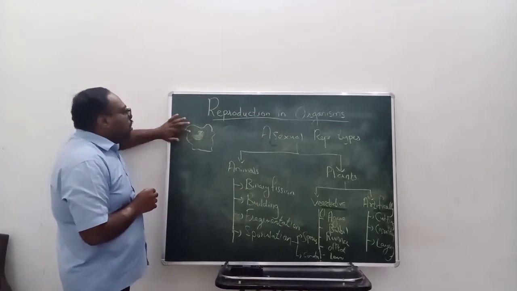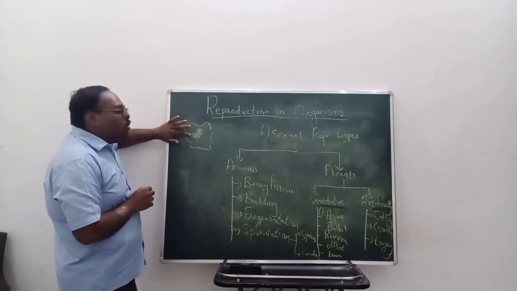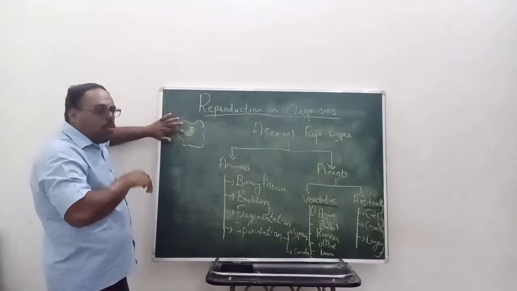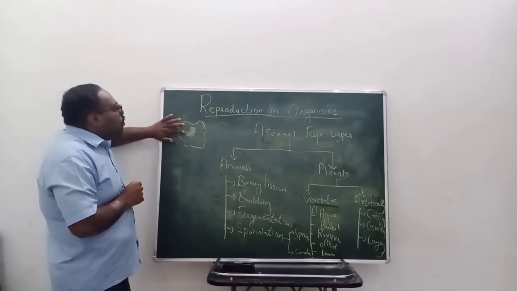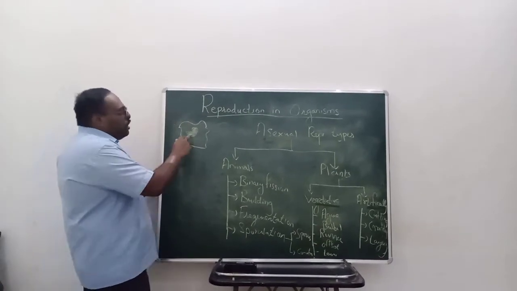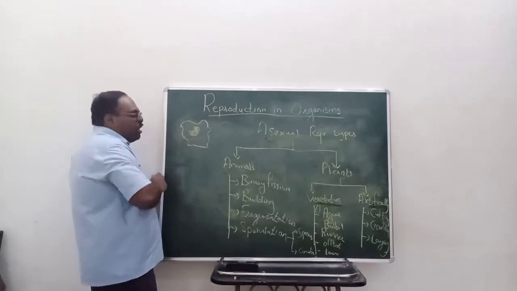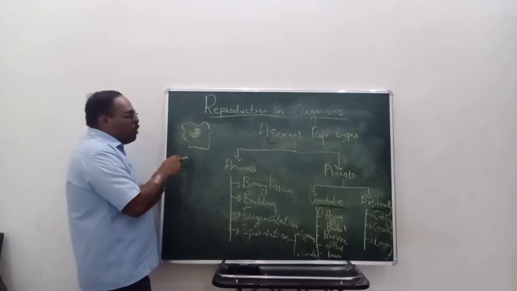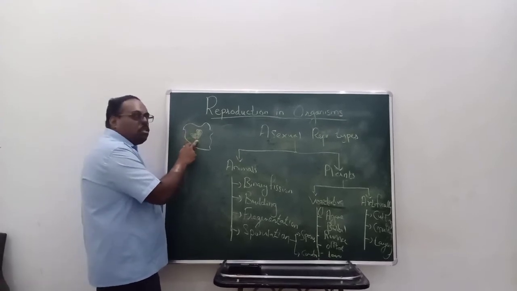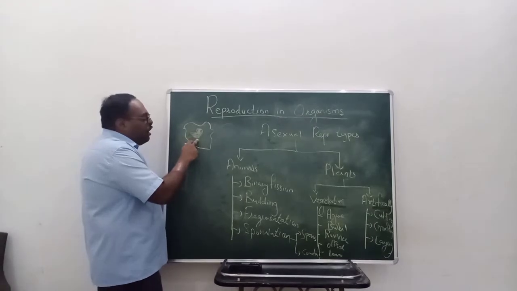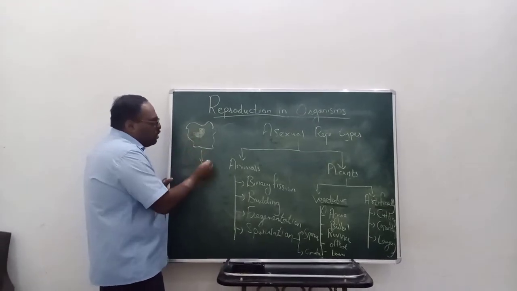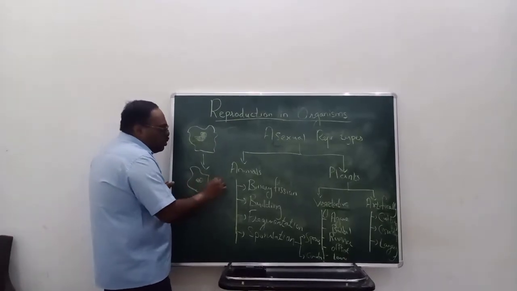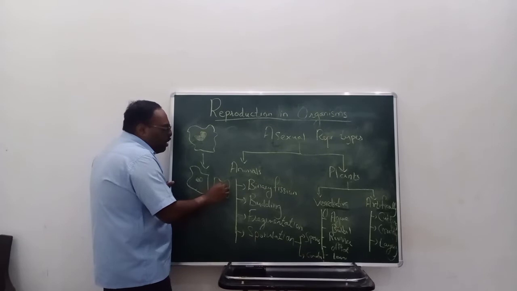Since this organism doesn't have any covering, that means the nucleus is not bounded. Here, first the genetic material will divide equally through the process of mitosis. After dividing through mitosis, this will divide into two separate organisms like this.